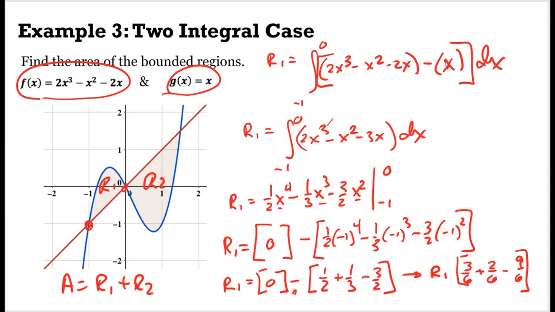Don't forget I have a minus in front of this bracket. So that gives us 5/6 minus 9/6 is -4/6, but the negative out front makes region 1 equal to positive 4/6 or 2/3.